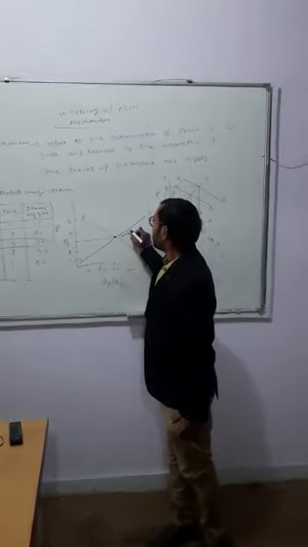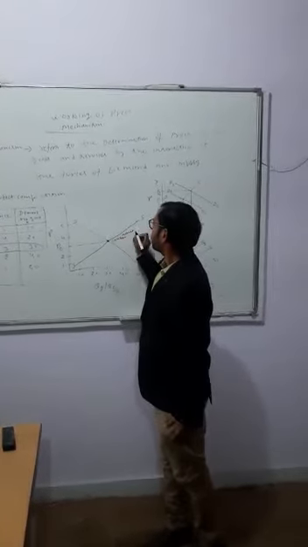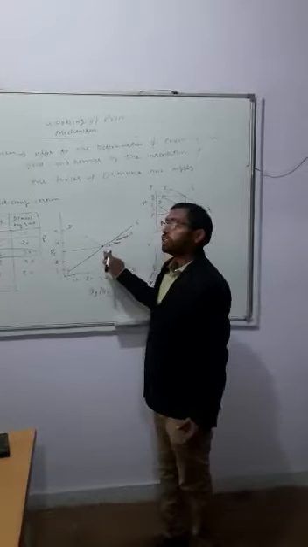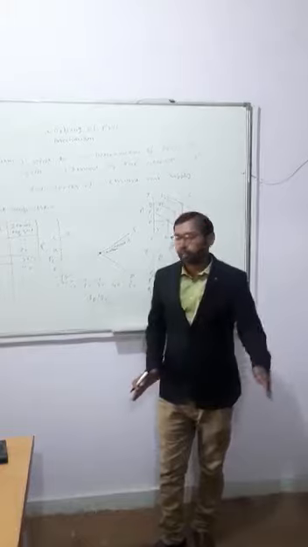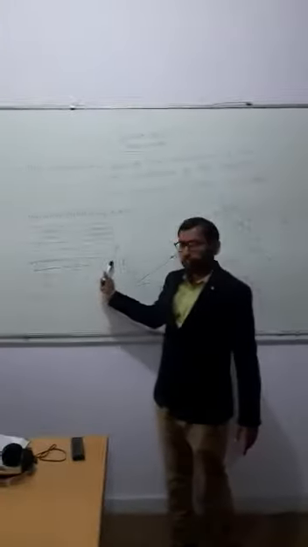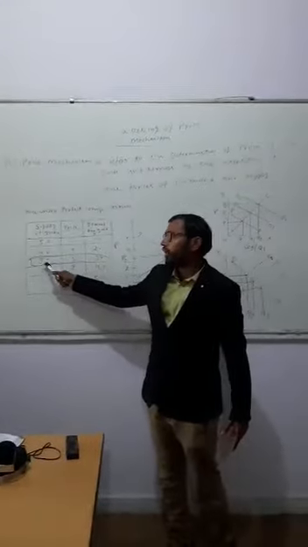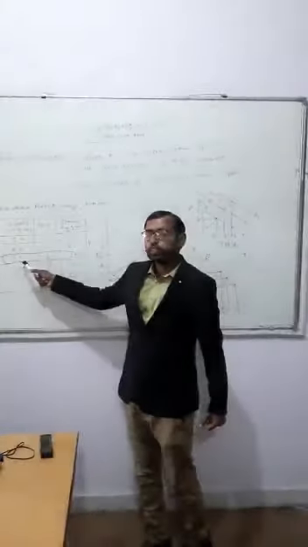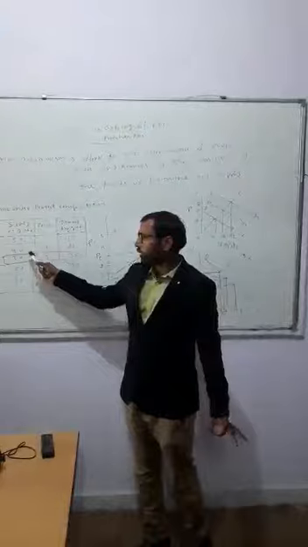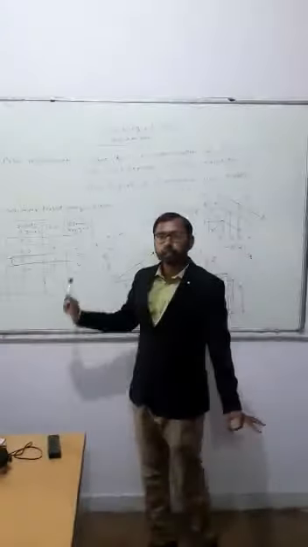This is the price at which quantity demanded is equal to quantity supplied. Like in this table, at price 3, quantity demanded is 30 and quantity supplied is also 30.